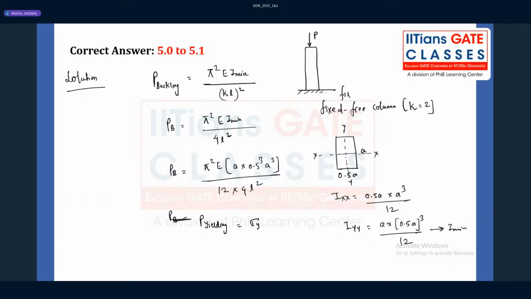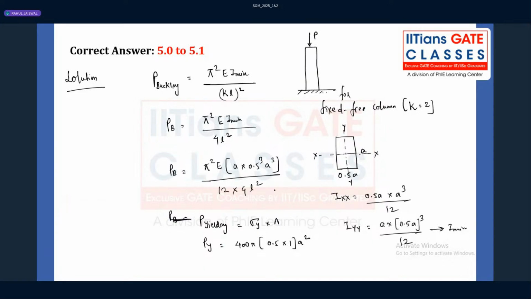That is simply yield strength into area. In the problem they have given the yield strength as 400 megapascal. 400 into area. What is the area? 0.5 A into A, that is 0.5 A square.